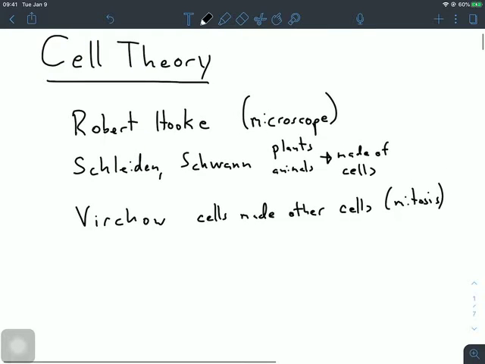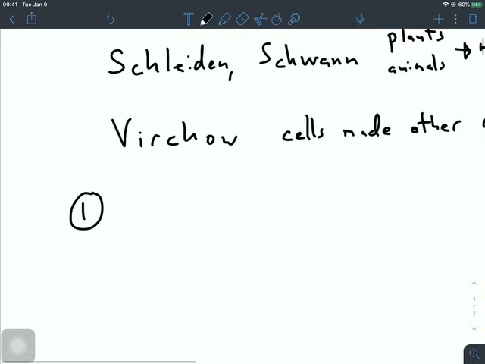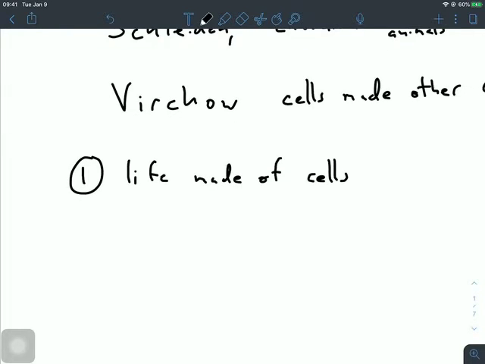So in these three major observations, we can synthesize cell theory. Biological cell theory, and therefore the cell theory that applies to plants, states that first and foremost, life is made of cells. That these cells are the basic building blocks of life.